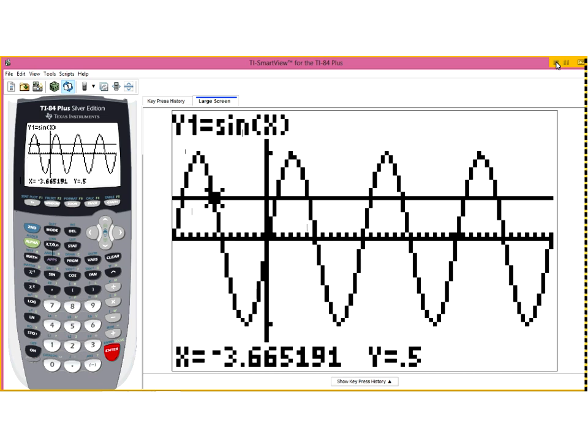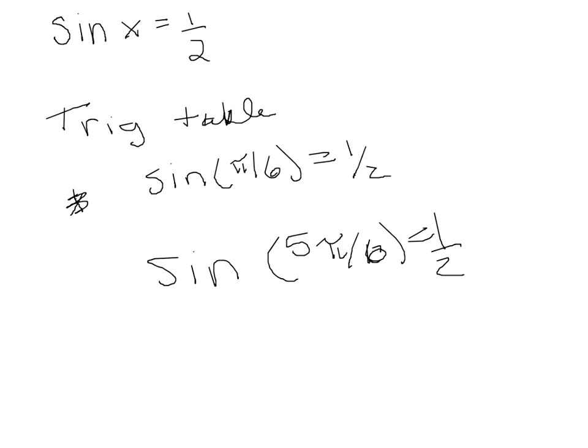Okay. And then we notice that here this is x. So when x is pi over 6, we get 1/2.